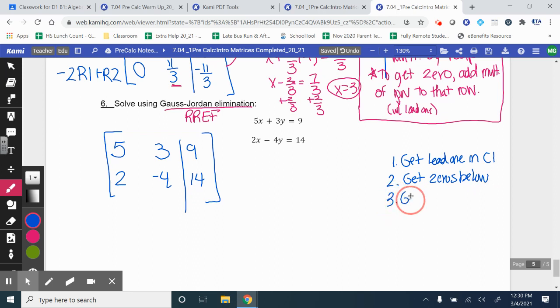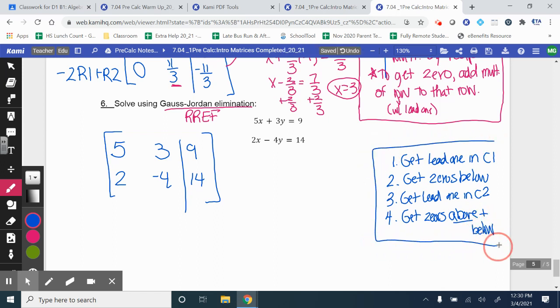Then get your lead 1 in column 2, and then get zeros above and below. So it's really important to always be following these steps. All right, so we've only got 2 variables here.